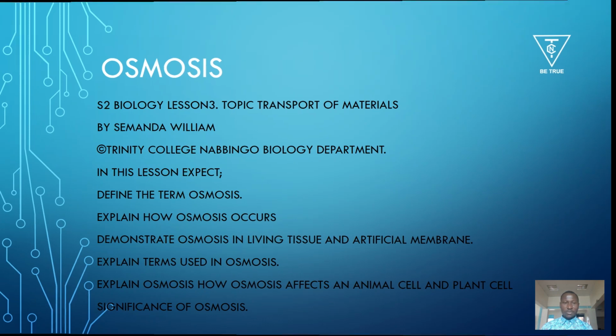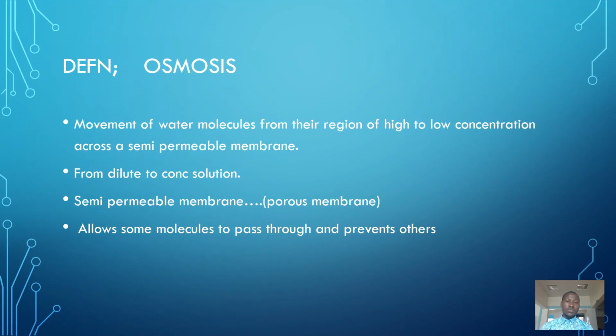To start right away, when you're talking about osmosis, we are talking about the movement of water molecules from their region of high concentration to their region of low concentration across a semi-permeable membrane, i.e., water molecules move from dilute to a concentrated solution, because there are very many in a dilute solution and very few in a concentrated solution across a semi-permeable membrane.